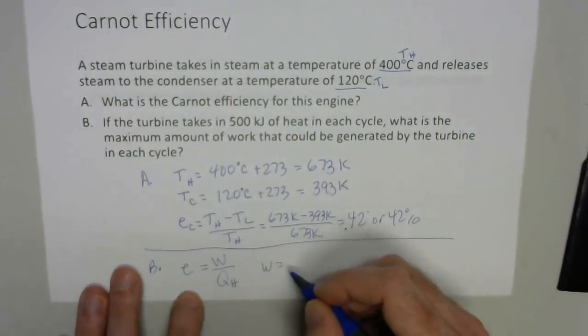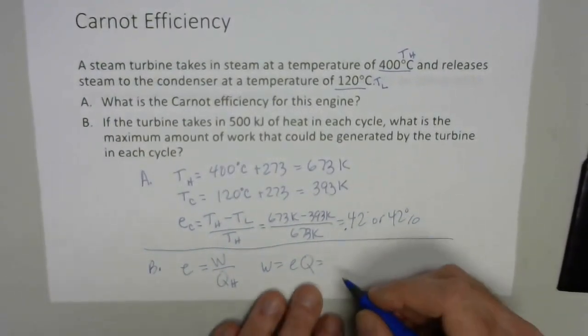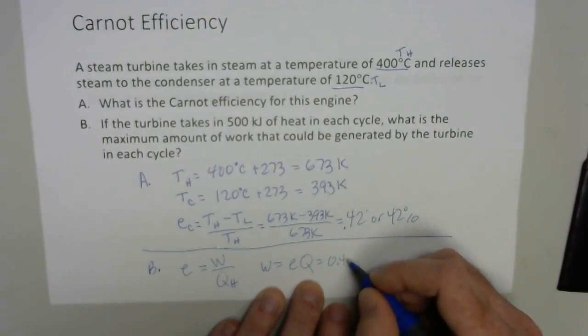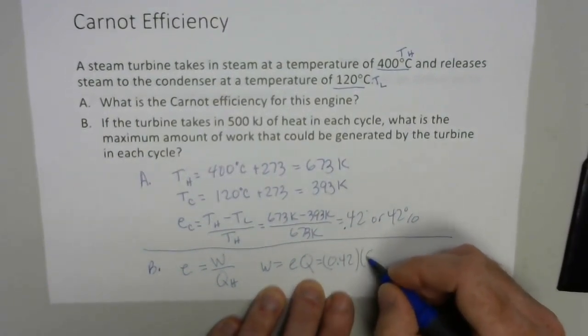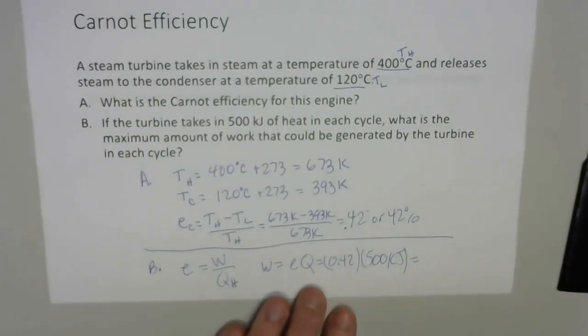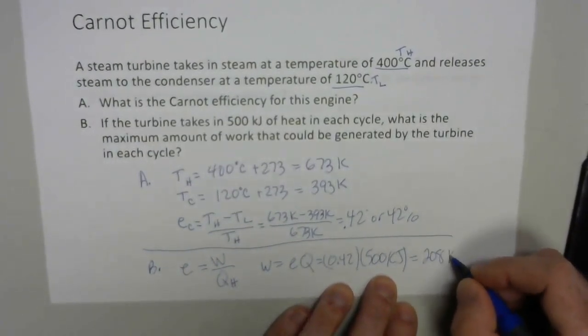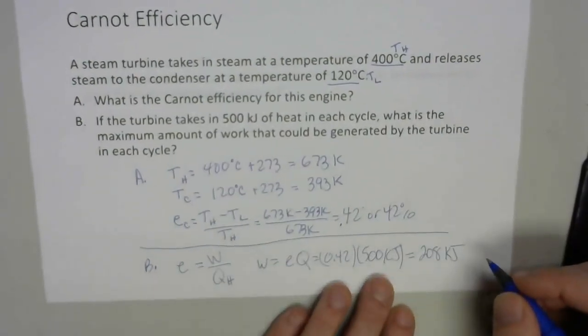So the work is equal to the efficiency times the heat from the high temperature reservoir, or 0.42 times the 500 kilojoules, or you get 208 kilojoules of work per cycle.